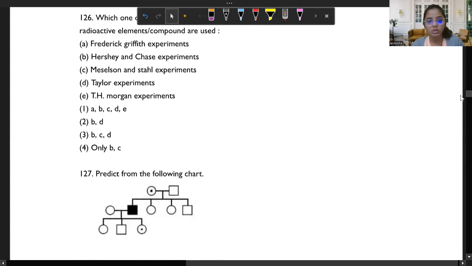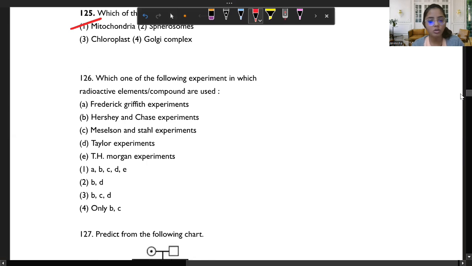It is saying which among the following experiments used radioactive substances. So the answer would be, let's see. Griffith did not use any radioactive material for his experiment.